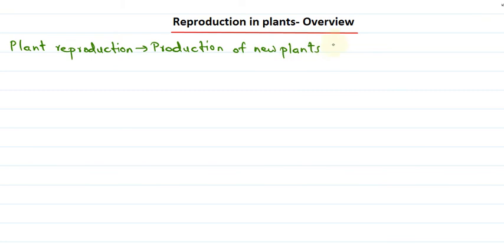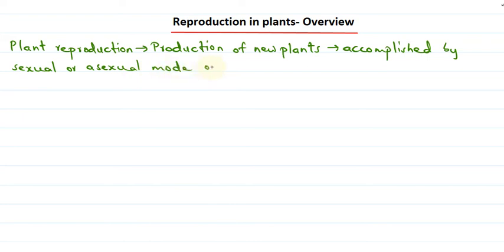It is the production of new plants or new offsprings which can be accomplished by sexual method of reproduction or asexual method or mode of reproduction.